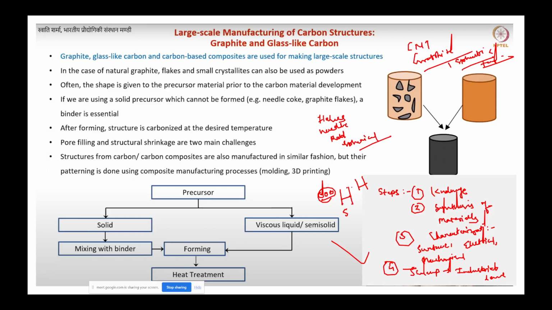There are a lot of manufacturing processes, like additive manufacturing and others, but here mostly they use molding. Molding means you will have a mold, and you put your material into that mold to get the desired shape or structure you want.